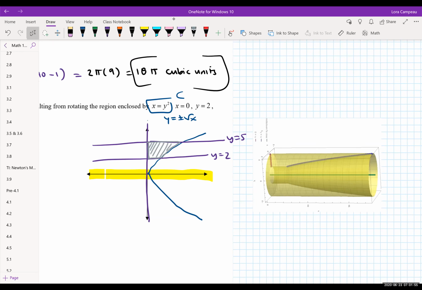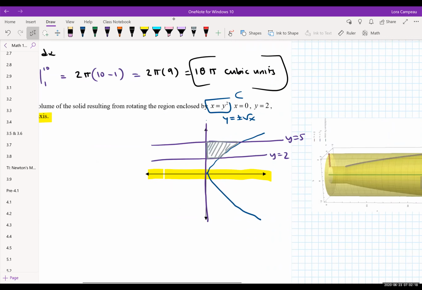So that kind of justifies what's actually going on: your radius tends to be constant for a little bit, but it starts to vary as you move towards larger values of x or larger values of y. Also, the height of your particular shell is going to vary.